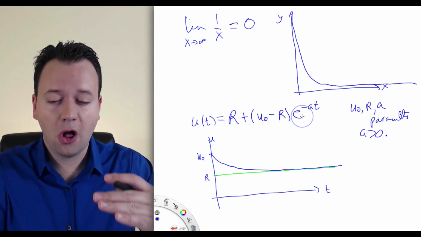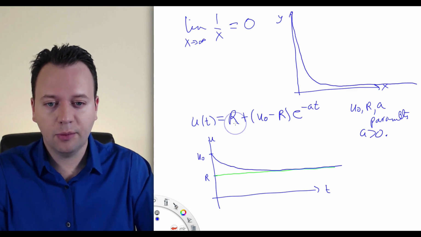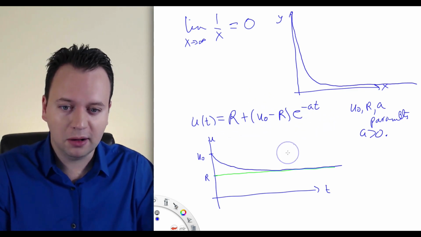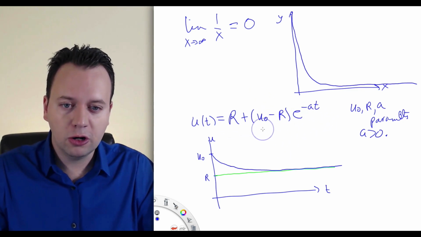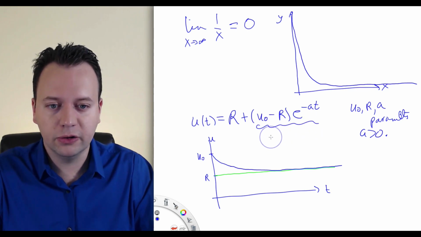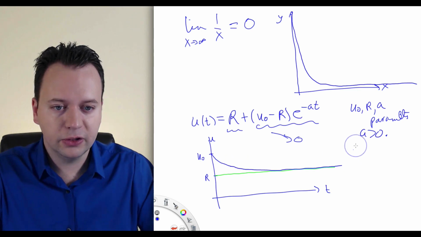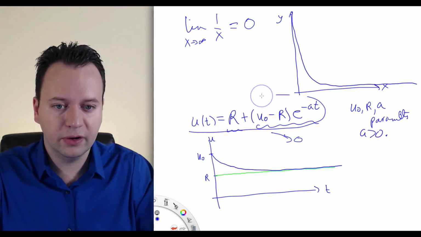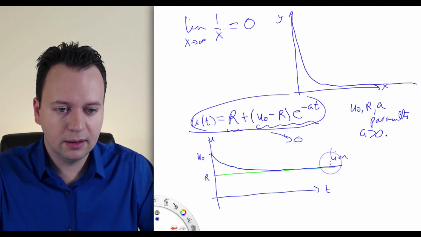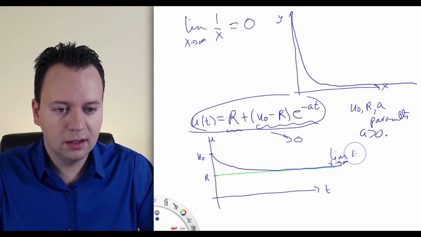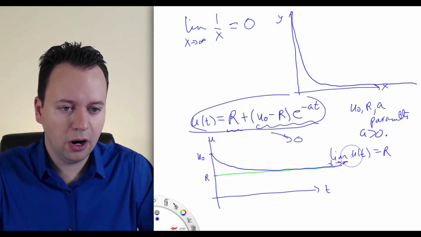So you'll get smaller and smaller numbers. It's always going to be r plus a very, very small number. And as t gets larger and larger, this number gets closer and closer to 0. So this term goes to 0, and the r stays put. And so for this function, we would say that the limit as t goes to infinity of u of t is equal to r.